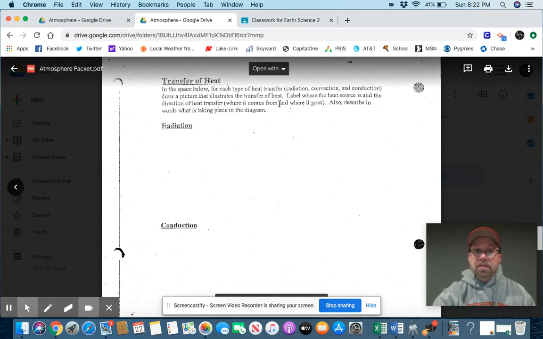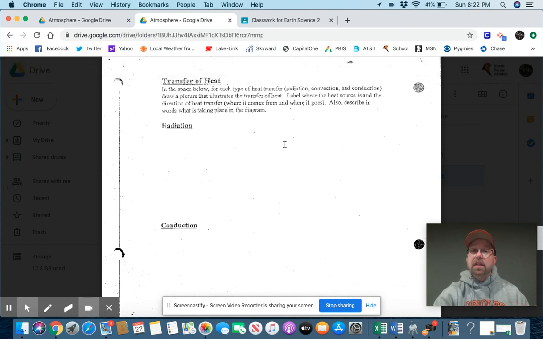Label the heat source, label the direction of heat transfer, which means where's the hot thing, the heat's going from what to what, and then describe in words what's taking place in the diagram. For instance, if it was me laying at the pool, I would say that heat is being transferred from the sun to my body through rays and waves. Pretty simple.